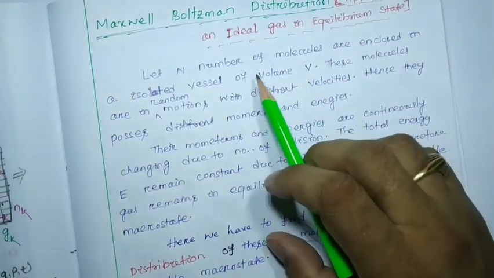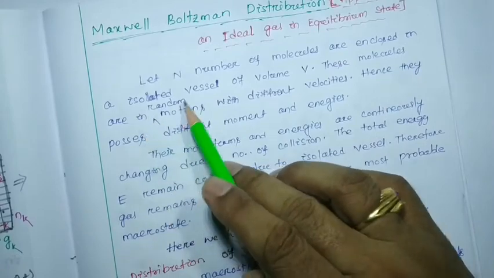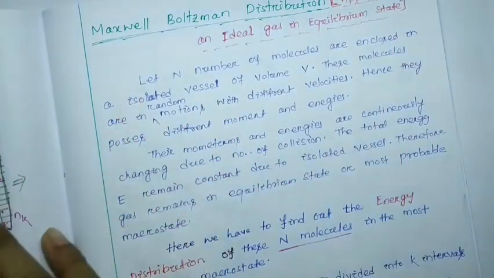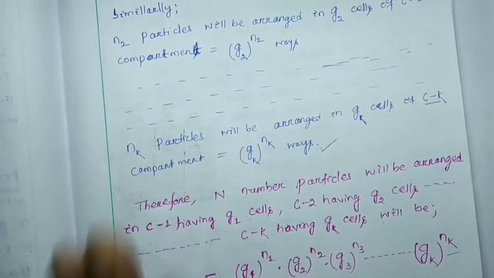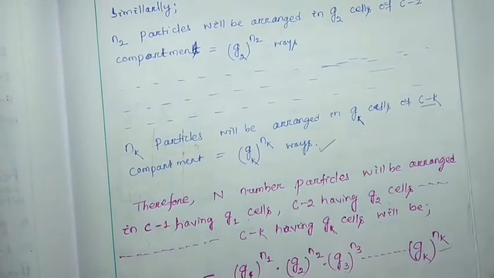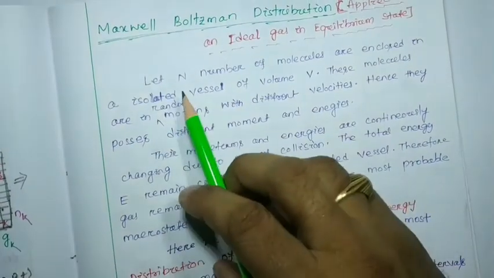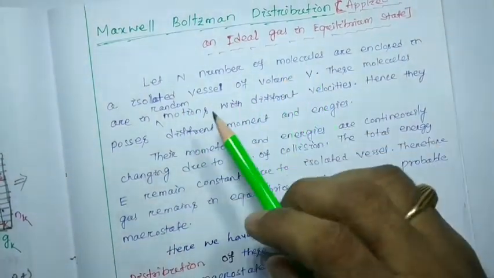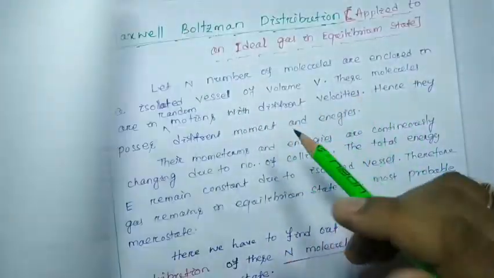Here N number of molecules are enclosed in an isolated vessel, as we discussed previously. A similar situation is what Maxwell imagined. I had written the particles, but here it will be molecules.